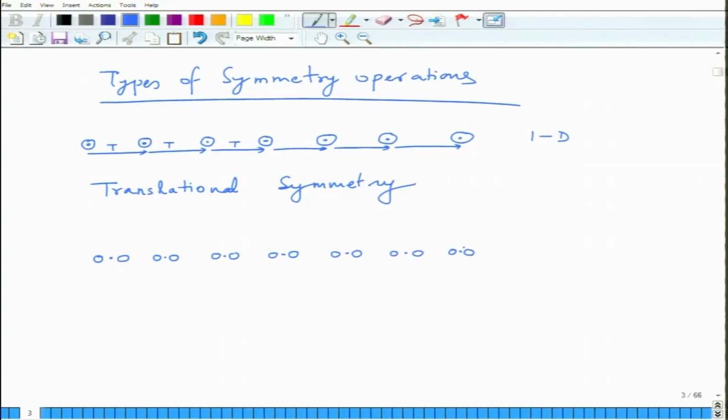So, what I have here is translation T, but I also have what is it? Mirror. So, I have translational and mirror symmetry.